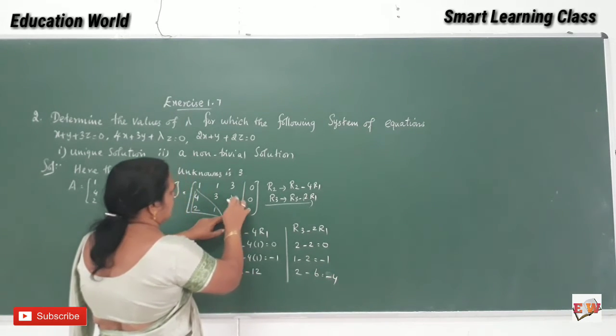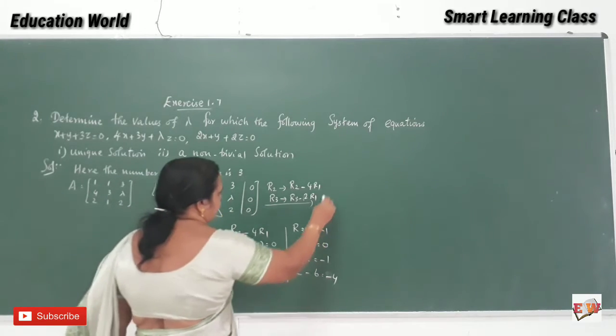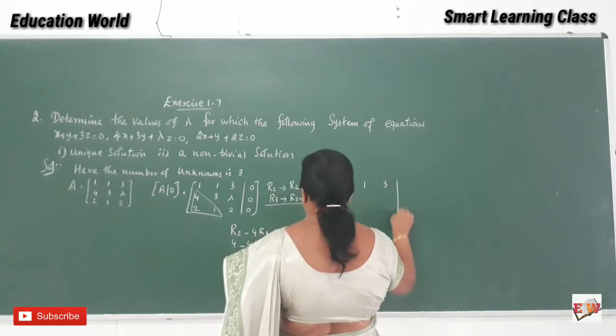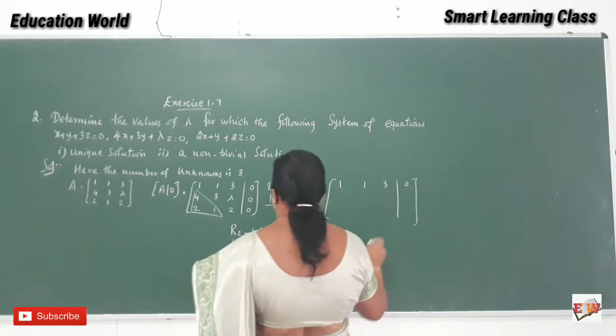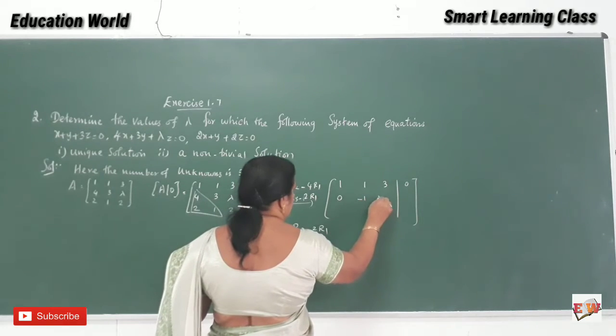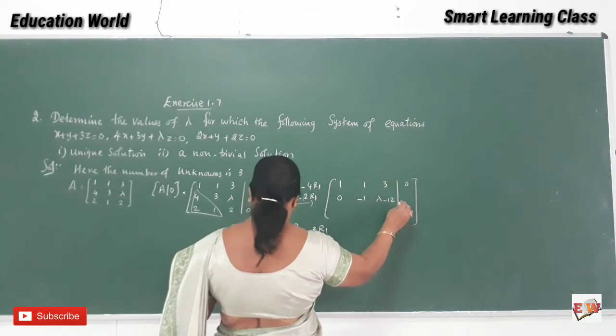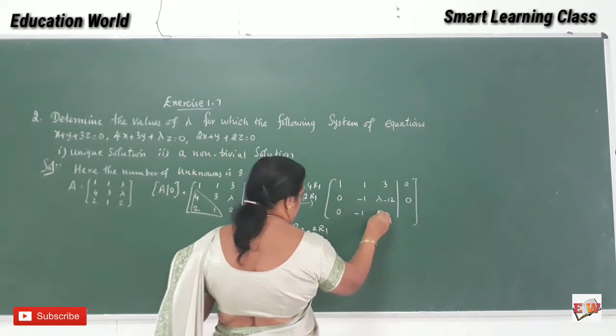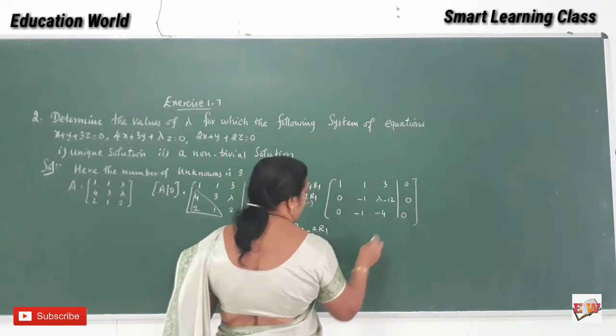See, first row you have to write as it is: 1 1 3. Second row we transformed already: 0 minus 1 lambda minus 12. Third row: 0 minus 1 minus 4, 0.